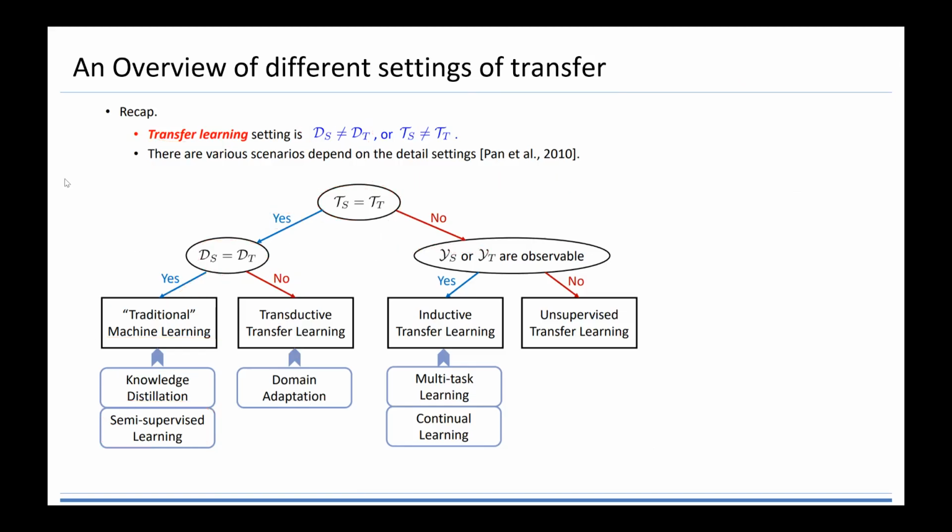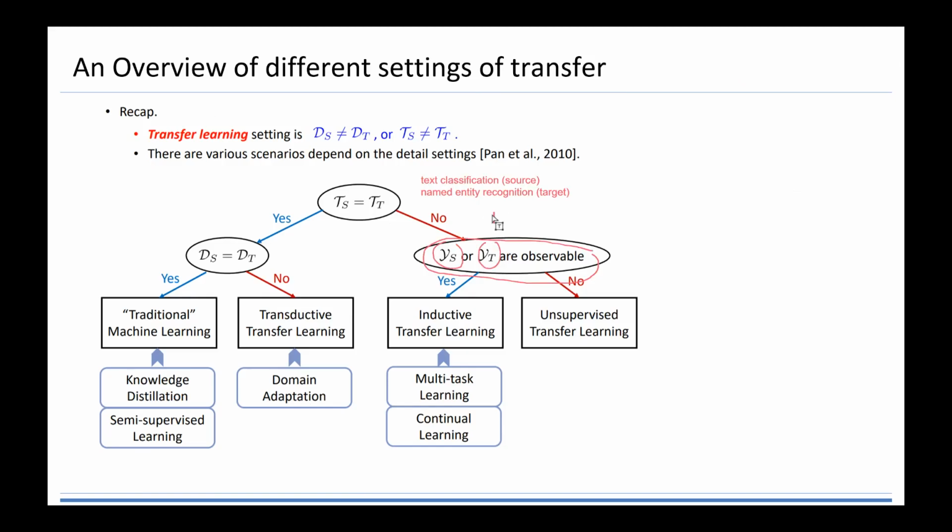What about if the task is different? Let's say the first is text classification, and for the target, we want to use named entity recognition. Then we need to check Y. What is Y? Y is the label.